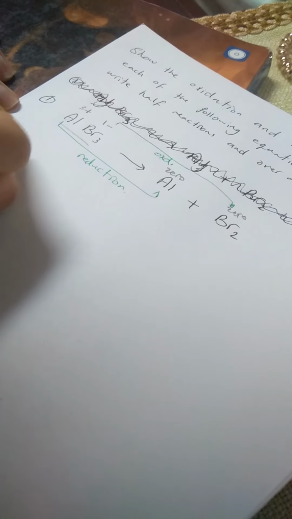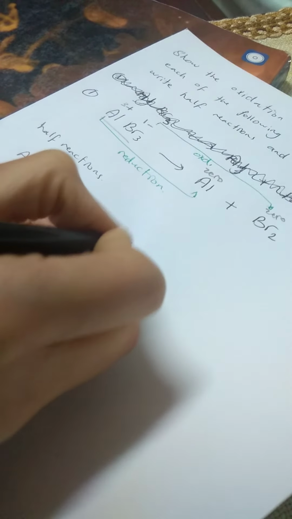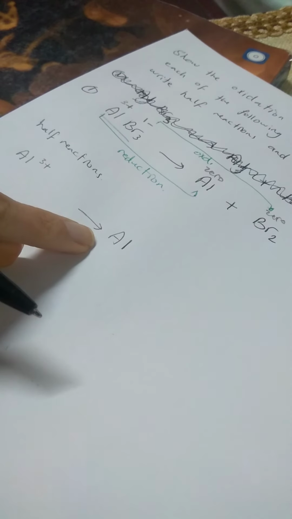Let's write the half equations of each one. Let's start with Al +3. As we said before, from +3 to 0, this is reduction.